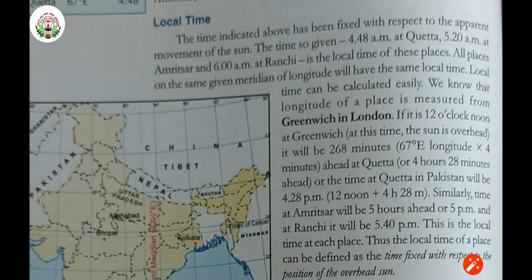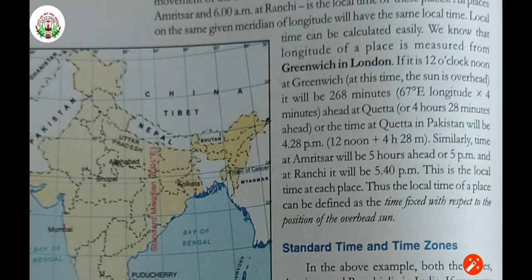We know that longitude of a place is measured from Greenwich in London. If it is 12 o'clock noon at Greenwich, at this time the sun is overhead in Greenwich. It will be 268 minutes, that is 67 degree east longitude into 4, ahead at Quetta, or 4 hours 28 minutes ahead.